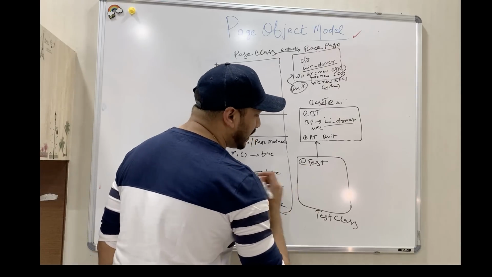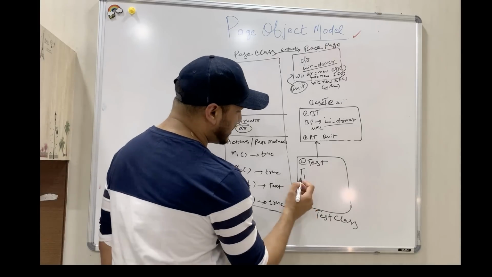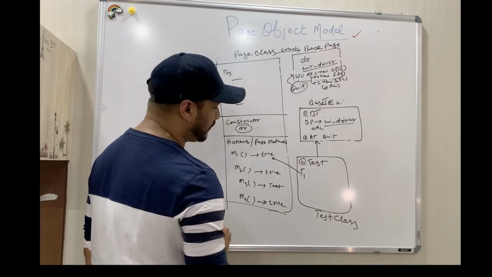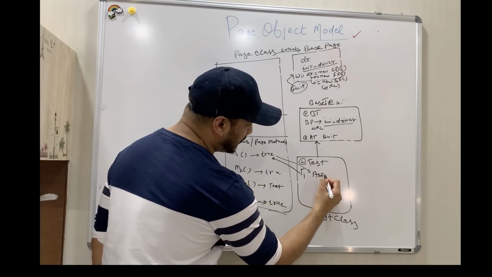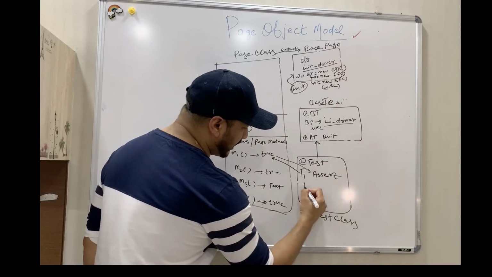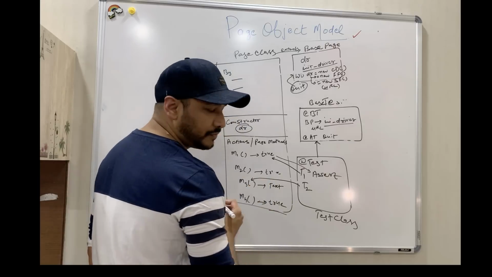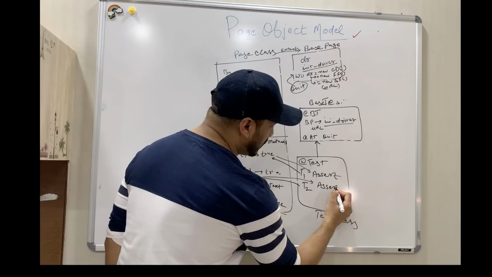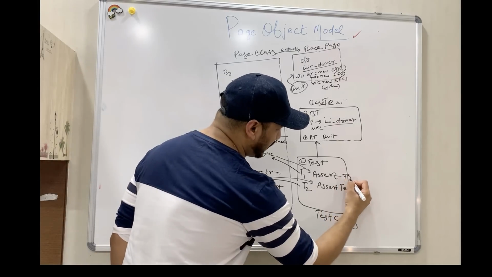So I simply say, okay, this is my first test case number T1, and in this test case T1 we are calling this particular guy, and this guy is returning true, and now I'm going to assert over here. Same thing for test case number T2, I'm going to call this particular guy M3, and this guy is giving you a text, so I'm going to assert this particular text over here, and here I'm asserting true.